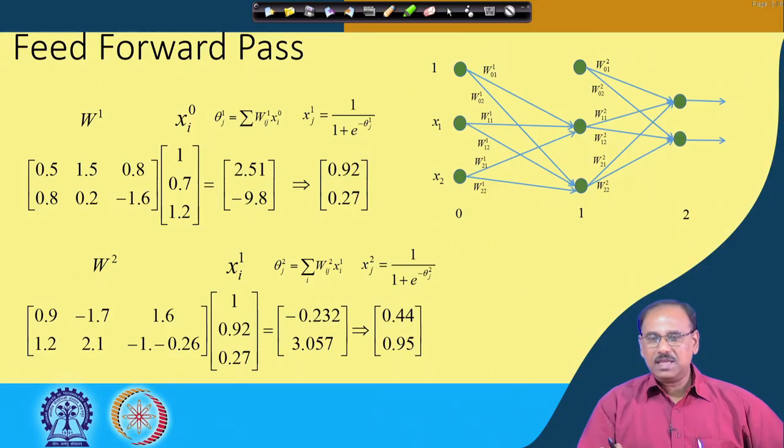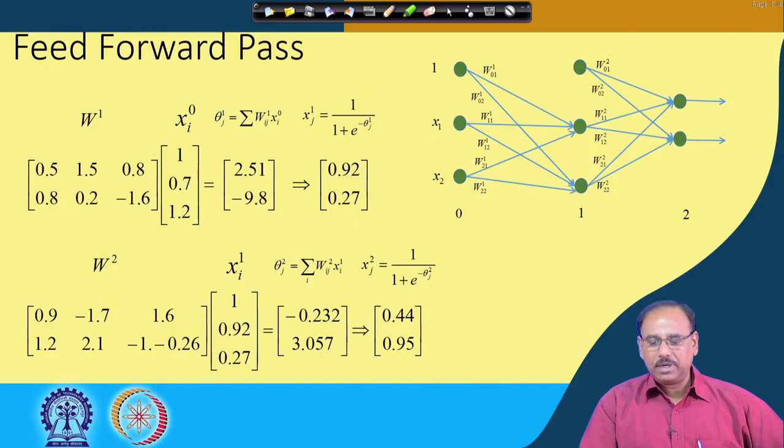So, if I increase W 1 1, then effectively I am adding more value to the output of the first node in the output layer. And if I reduce W 1 2, as this is being multiplied with the output of the first node in the hidden layer, the effective contribution to the output of the second node of the output layer is reduced.